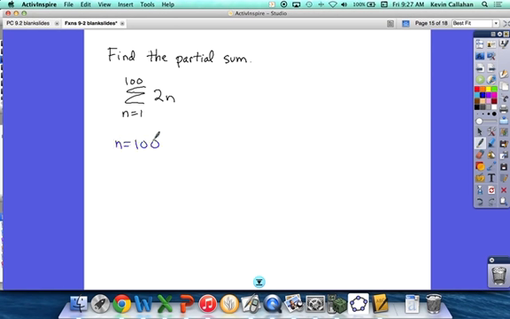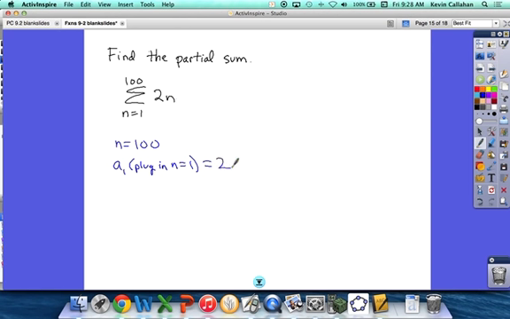Now, how are you going to know what the first term and the last term are? How would I generate the first term? Plug in n equals 1. That would be the first term, right? So the a1, plug in n equals 1. And in this case, you get 2.